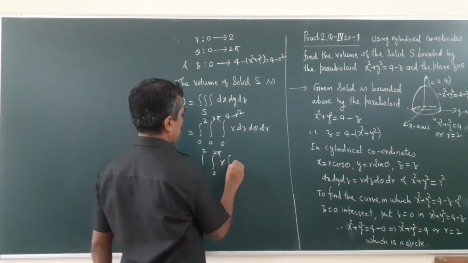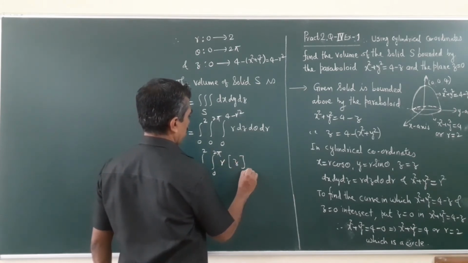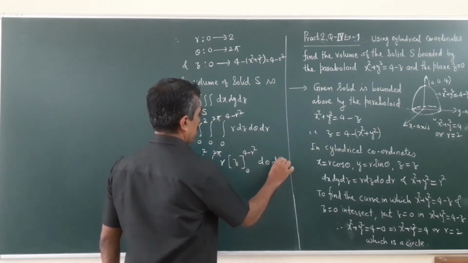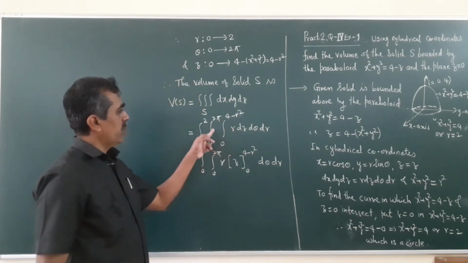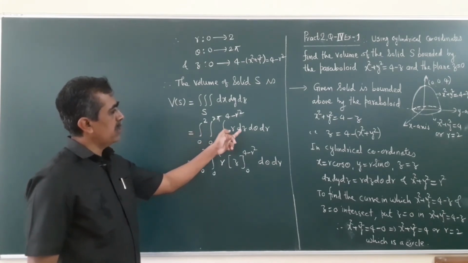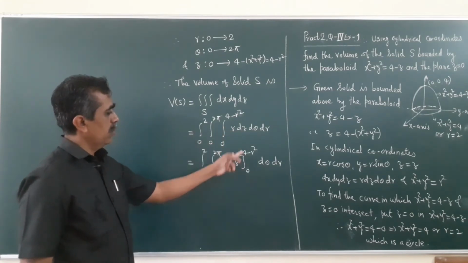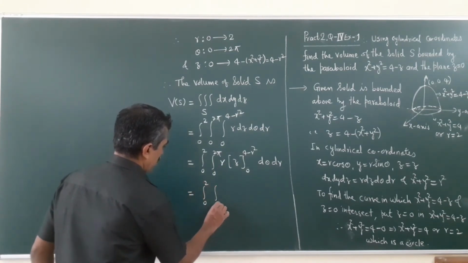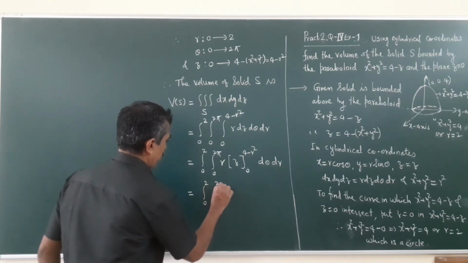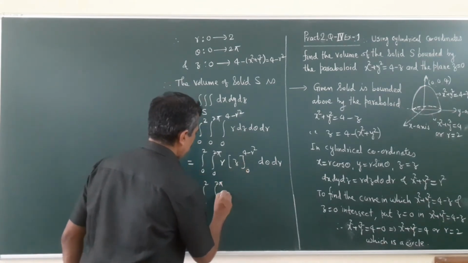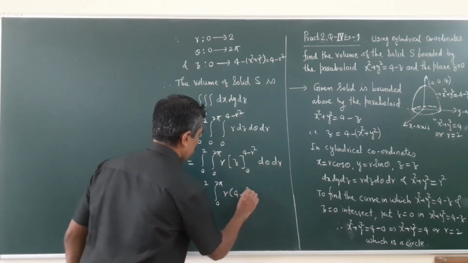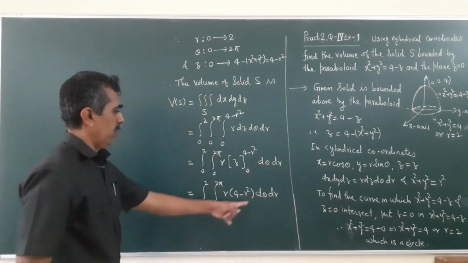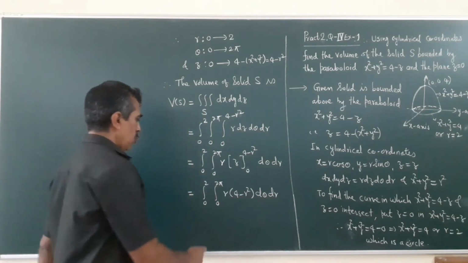Now the integral of dz is z over 0 to 4 minus r square, d theta dr. I will take r outside here, so this equals integral 0 to 2, integral 0 to 2 pi, r into 4 minus r square d theta dr. Now we go for the integral of d theta over 0 to 2 pi.